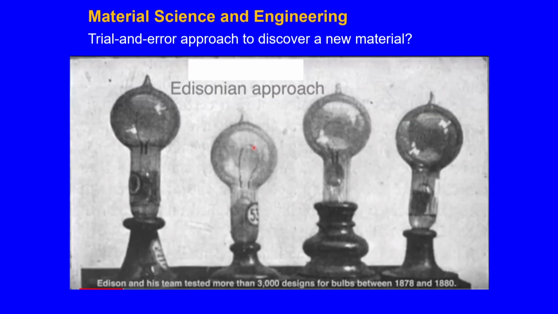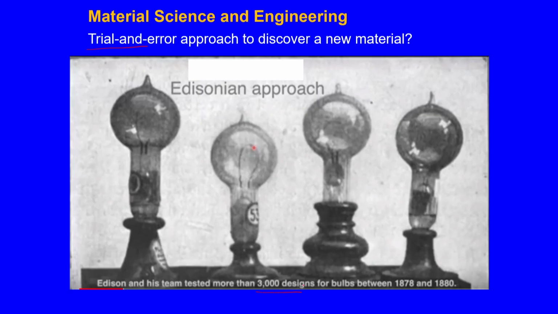Then comes the trial and error approach. I write T and E, trial and error. You try, fail, again you try, again you fail, and many times you do, then you succeed. When Sir Thomas Alva Edison was making the electrical bulb, in the 1890s sometime he succeeded.